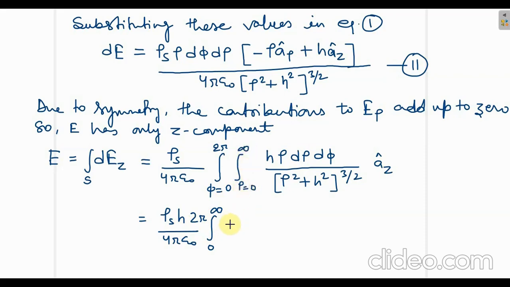Now we have to integrate for this one. If we write it in the numerator, it will be rho square plus h square, and the power will be minus 3 by 2, and we will do it like this to solve this integration.